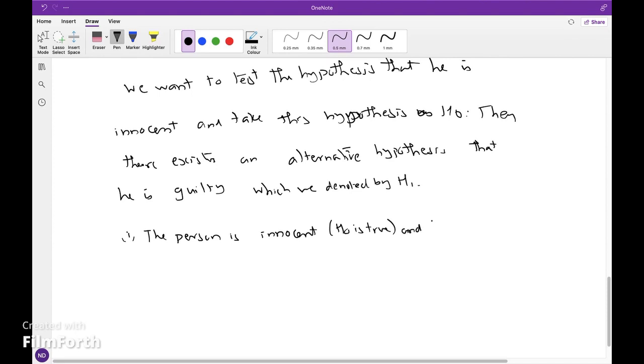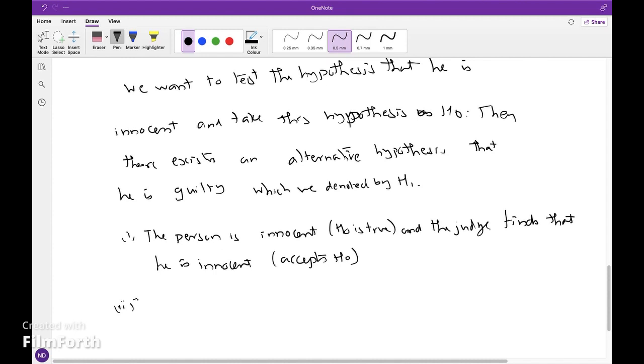For example, the judge finds that he is innocent. That means accept the null hypothesis.